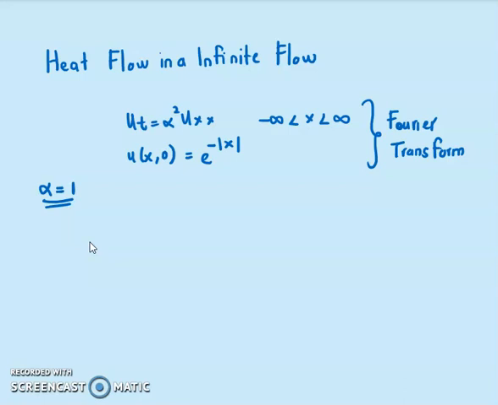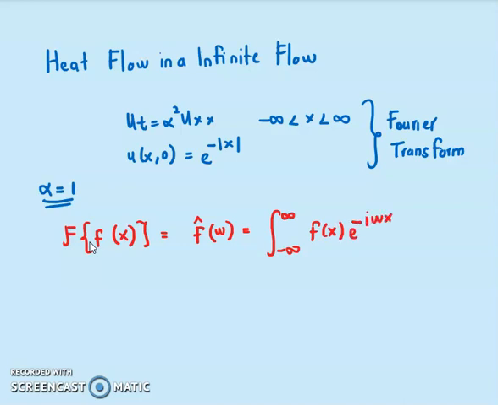The Fourier Transform of f(x) is given as f hat omega. These are the notation, and the definition is the integral from minus infinity to infinity of f(x) e to the negative i omega x dx.